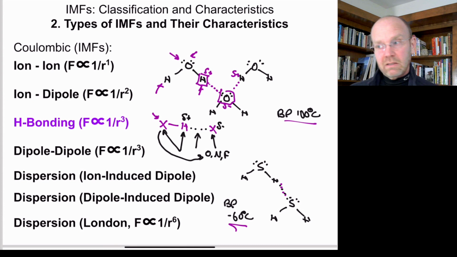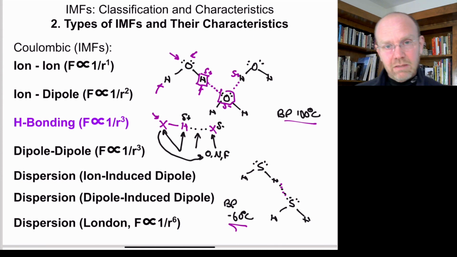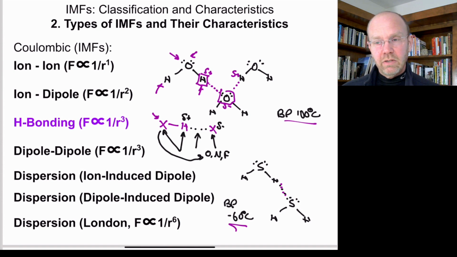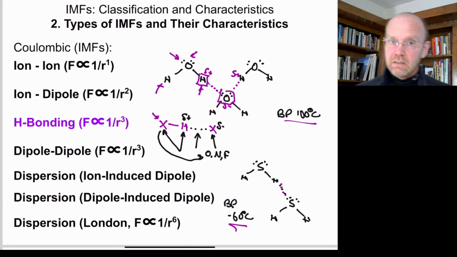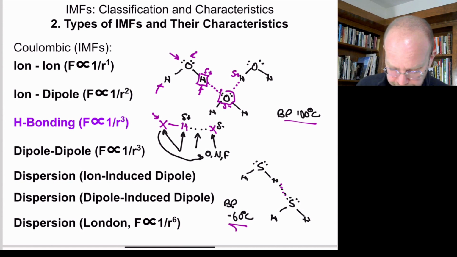And it reflects this difference in the strength of the intermolecular forces in liquid hydrogen sulfide versus liquid water. So one skill you need to practice is making sure that you can identify when hydrogen bonds are possible. And those are likely going to be the strongest intermolecular force that exists in a substance that can have them. Okay? So that's super important.